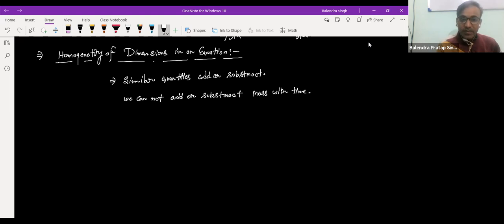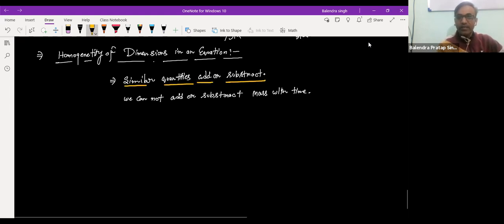So this simple principle is basically defined as homogeneity of dimension. And throughout an equation, the dimensions will be homogeneous. Similar quantities add or subtract.